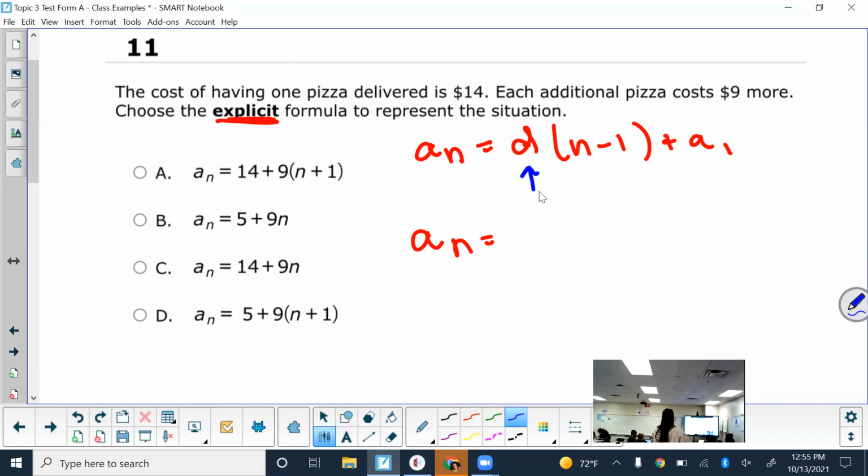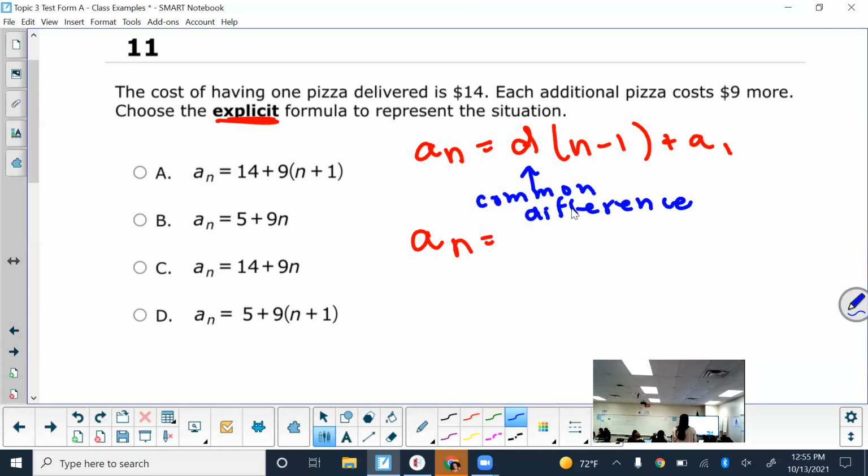What does d represent? Just don't tell me in relation to the word problem. Just tell me what the d is in the formula normally. It's your common difference. All right, d is for difference.